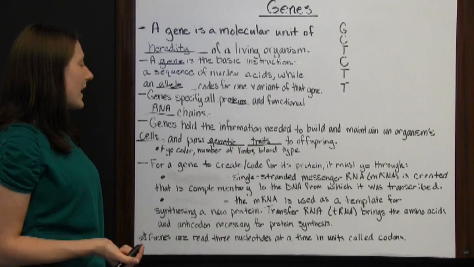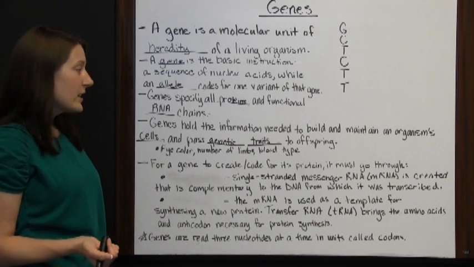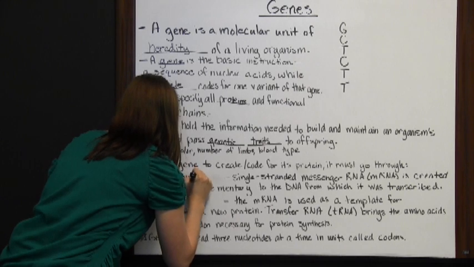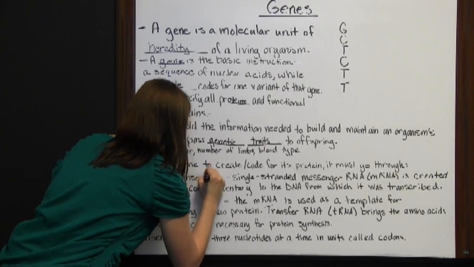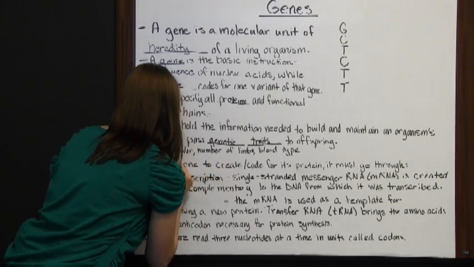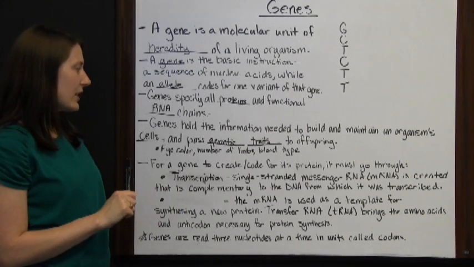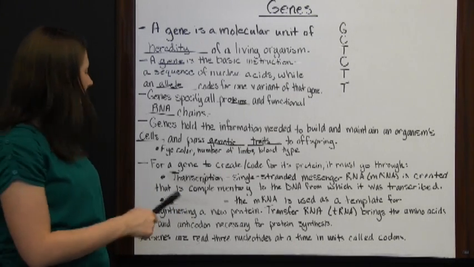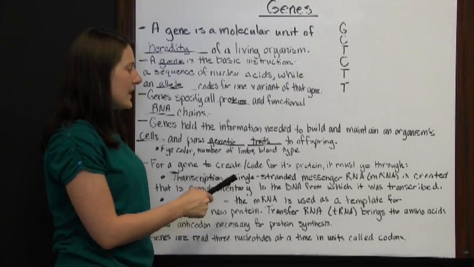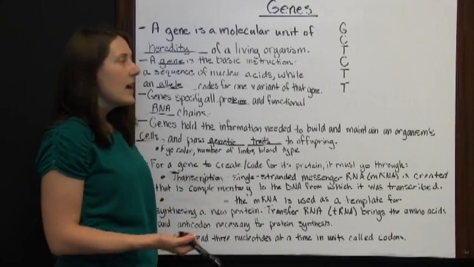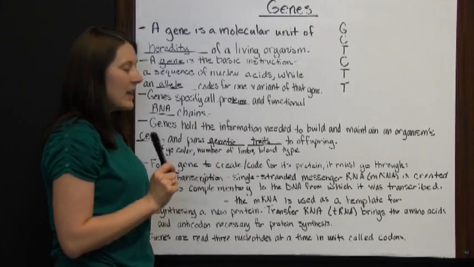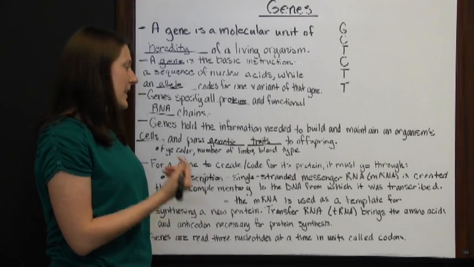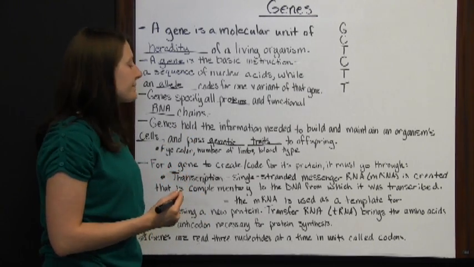Now, for a gene to create or code for its protein, it must go through transcription. And transcription is where single-stranded messenger RNA, or mRNA, is created that is complementary to the DNA from which it was transcribed. And we'll look at that over here in just a minute. But basically, you're starting with DNA and you're transcribing it into the messenger RNA.